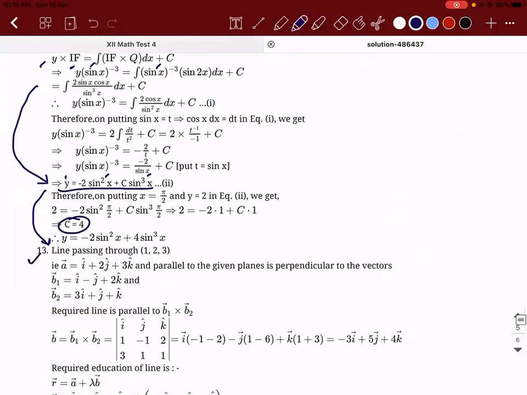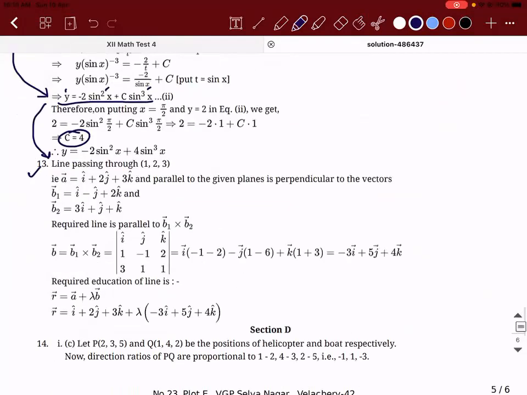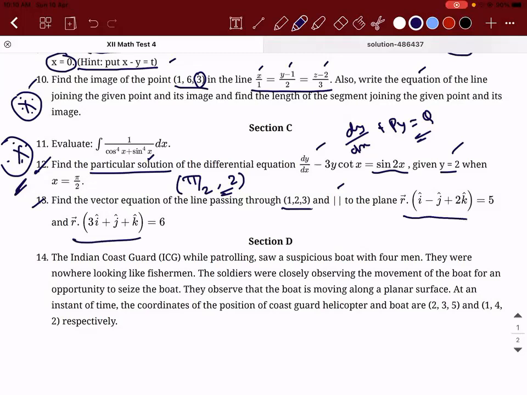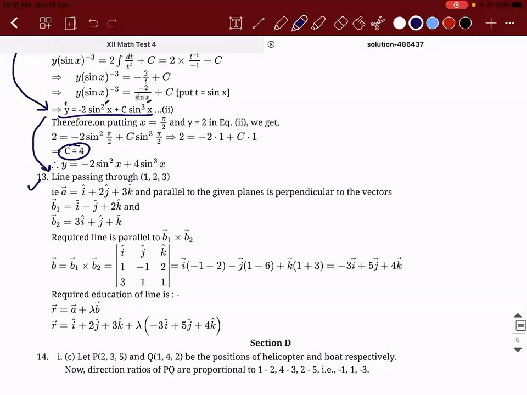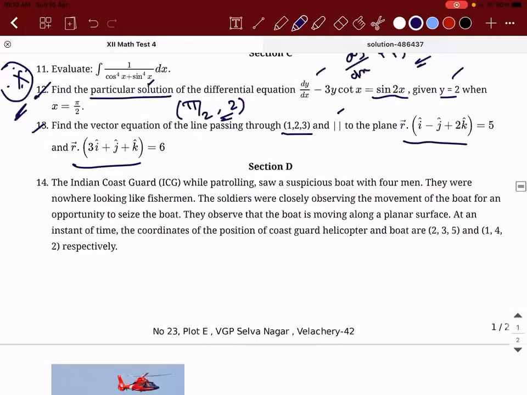Thirteenth. Find the equation of the line. What they're asking is we need to visualize. The point given is 1, 2, 3, and this is r vector dot b1 vector, if I take it as n vector, is equal to d, for example.